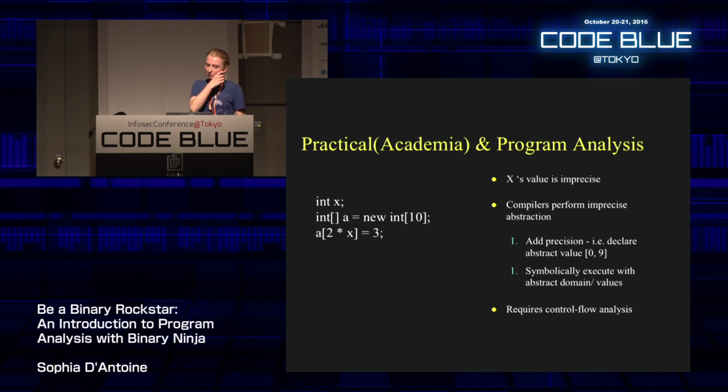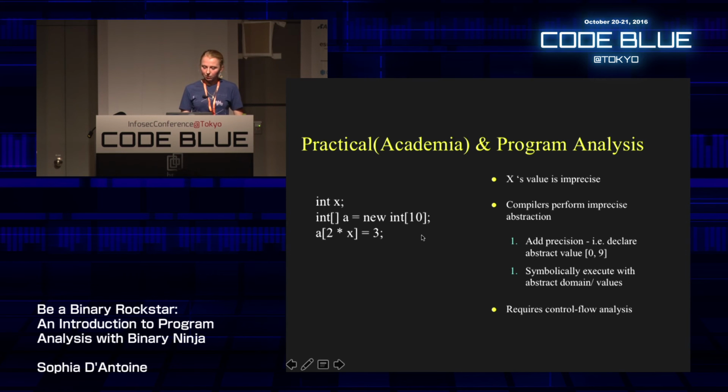All right, and this is just a simple example of a small program that doesn't really do anything. However, when we're analyzing it, looking for potential vulnerabilities or bugs, we really can't determine much here, especially using program analysis.